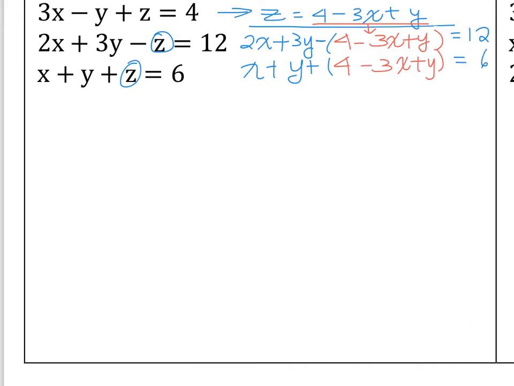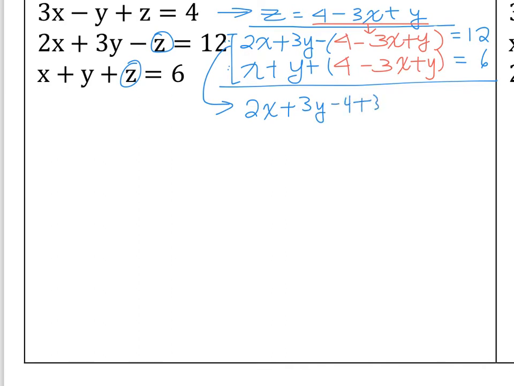Now I'm going to simplify the second and third equations. I'm going to bring it down here. This will be 2x plus 3y minus 4 plus 3x minus y equal to 12.